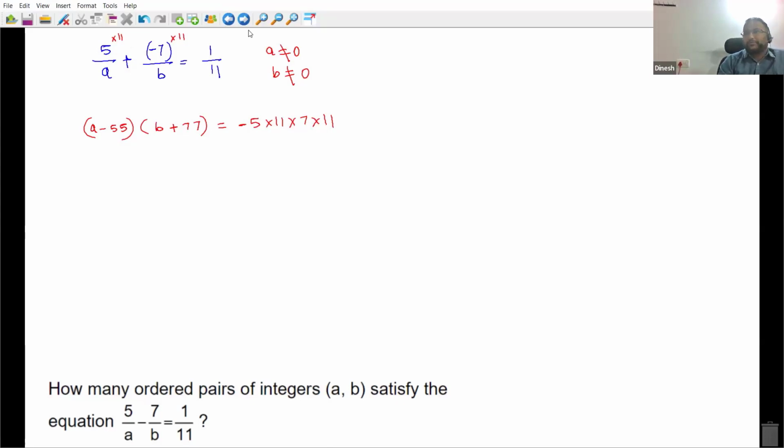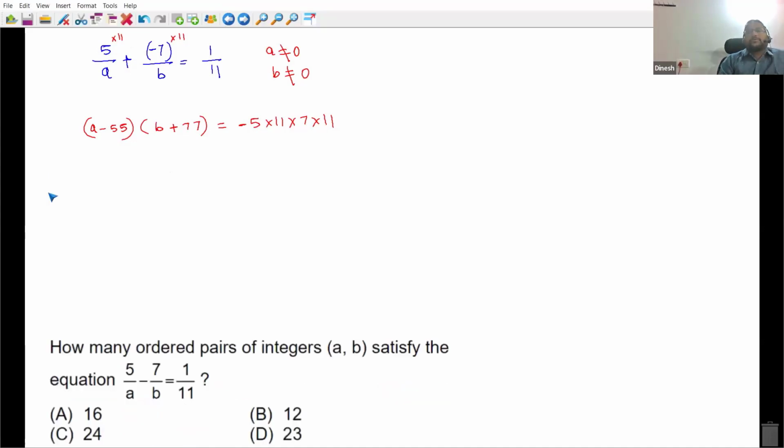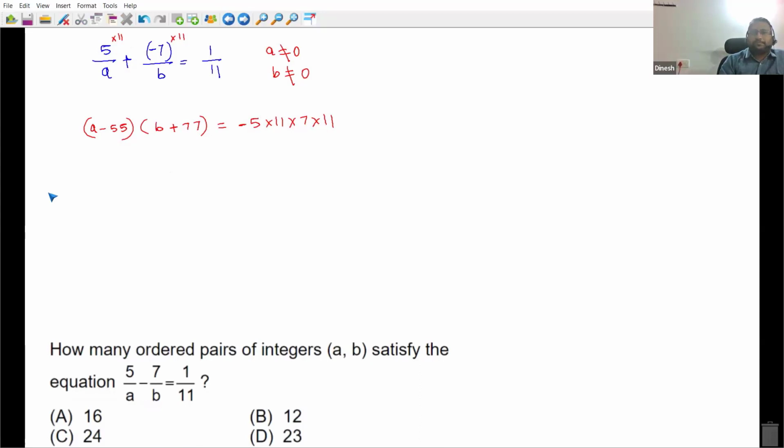Are you getting this? 23. Yes, 23 is in the option. So a minus 55 into b plus 77 is equal to minus 5 into 7 into 11 square. 0, 0 is always a solution.